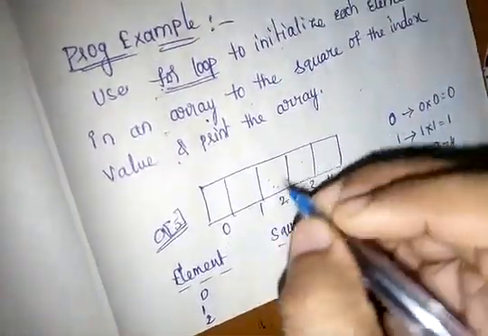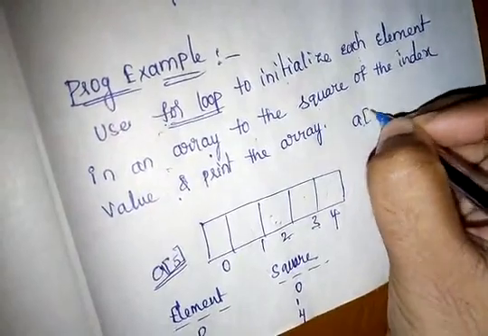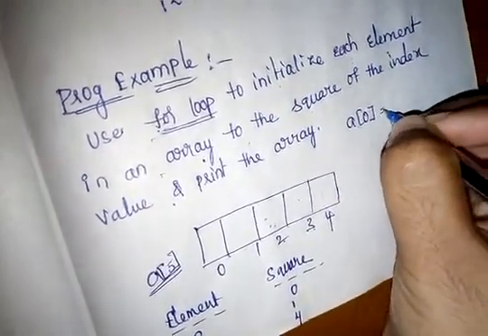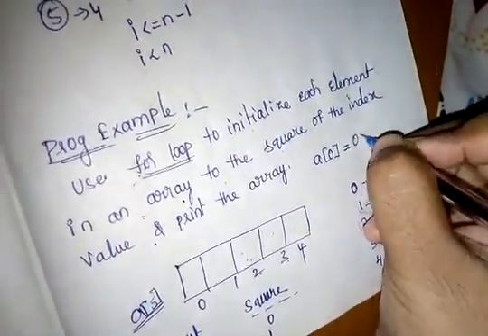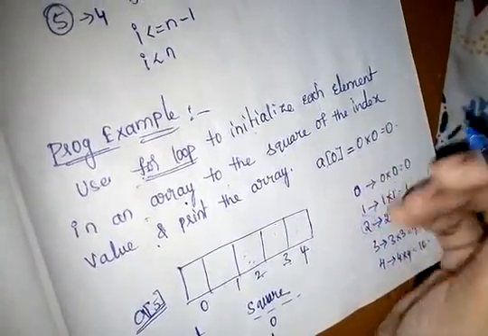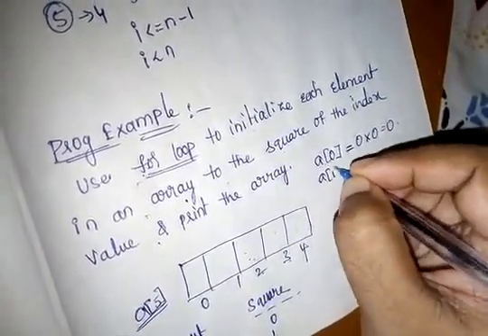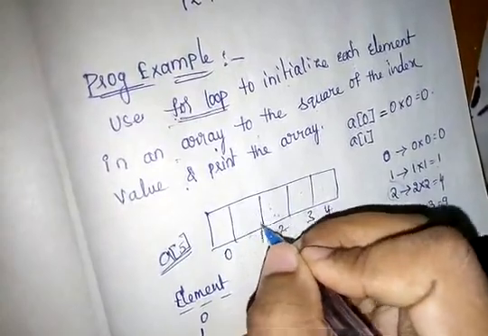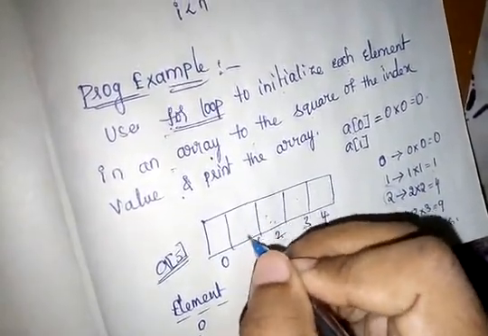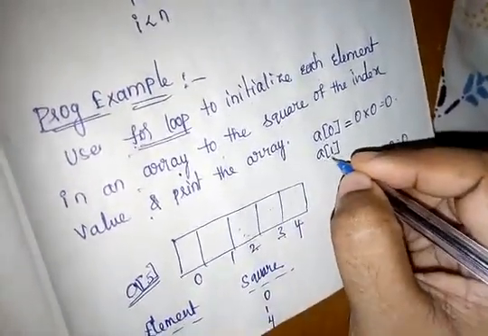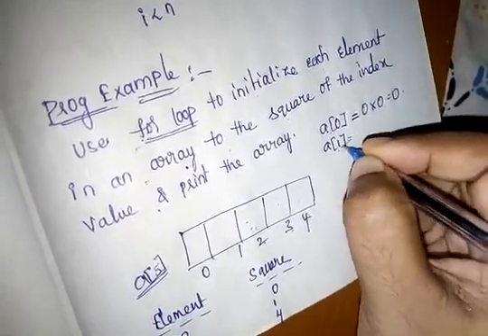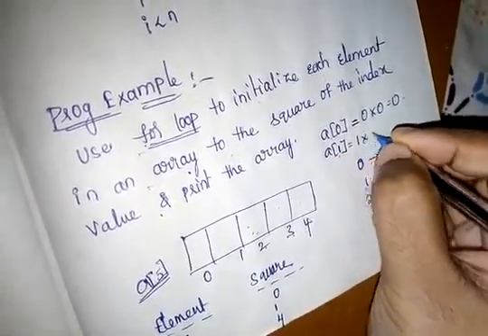The value at index 0 will be referenced using a of 0, and that should be evaluated using 0 into 0. Okay, a of 1. If you want to refer to the element at index 1, you need to write a of 1, and this should be evaluated as 1 into 1.